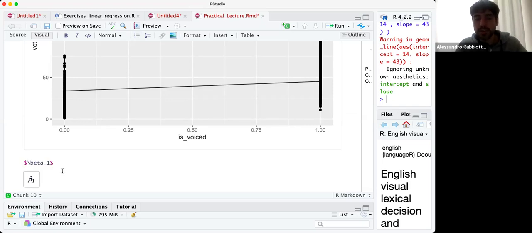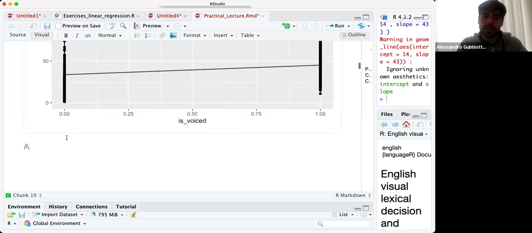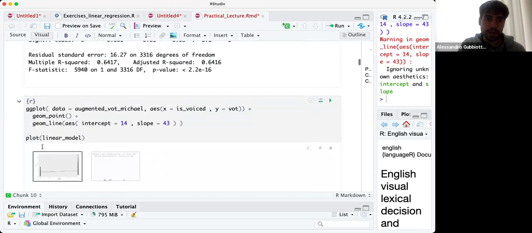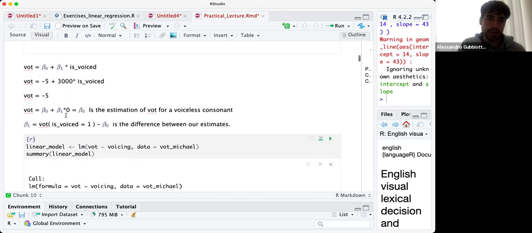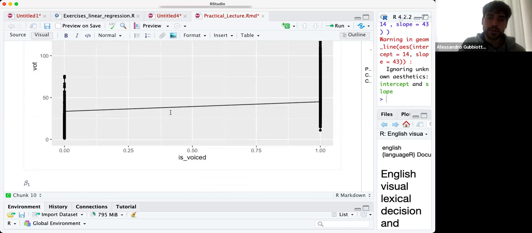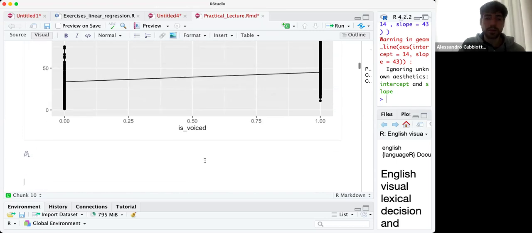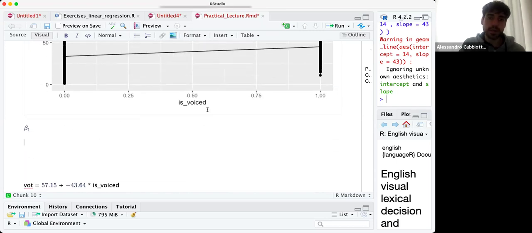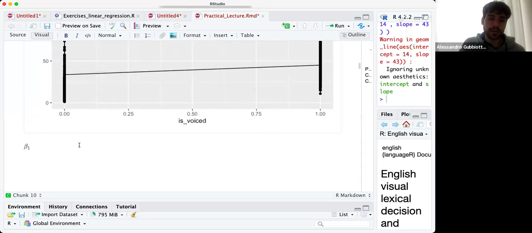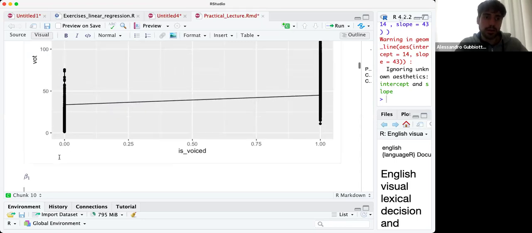So it is different from zero not because of randomness: if we assume that the model is true, then the true beta 1 is really different from zero. Recall that the interpretation of beta 1 is the difference between the two predictions. So our predictions differ not by chance, but because there is a real effect, which of course, since you do linguistics, you know better than me: the voicing of the letter has something to do with the vocal onset time.